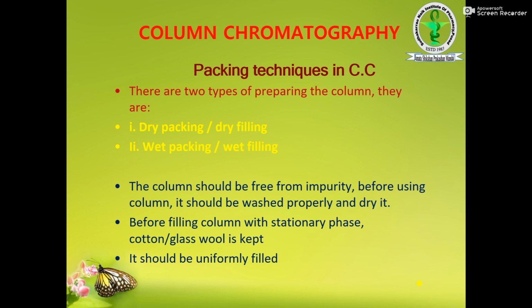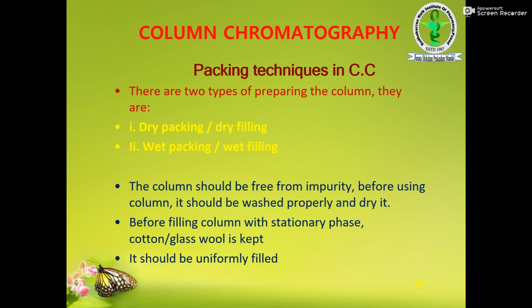Then we add the sample dissolved in the mobile phase, and slowly we finally add the mobile phase. Whatever stationary phase we are using, like the adsorbent, that might change. The column should be free from impurities before use.